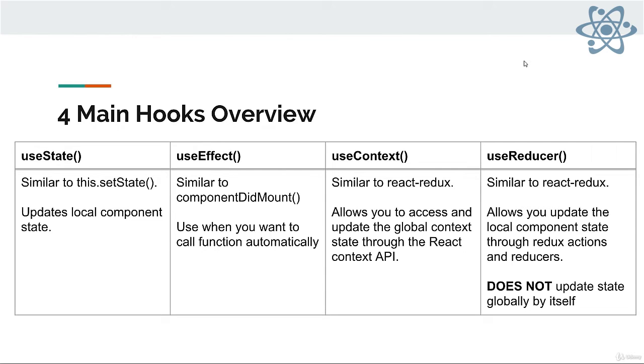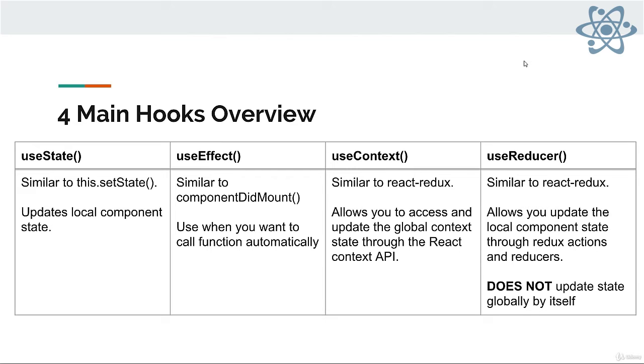This hook allows us to read and update state in a functional component. Again, I'll go over the exact syntax and how it works in the next section. Next we have the useEffect hook, and this is similar to the componentDidMount lifecycle method in the previous version of React. You'll basically use this when you want to call a function automatically when the component renders.